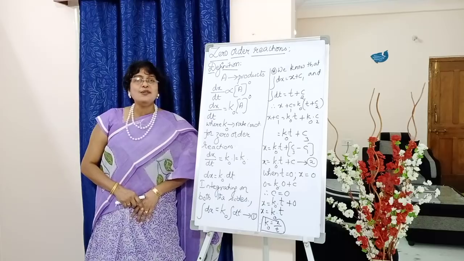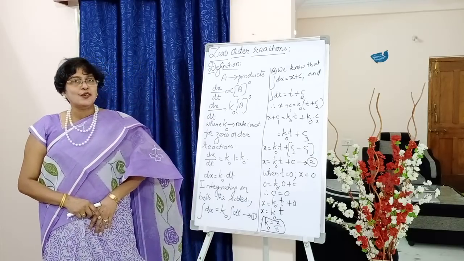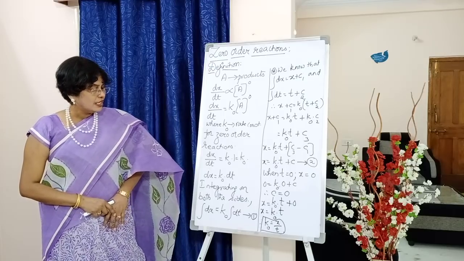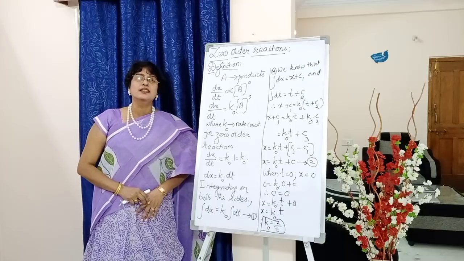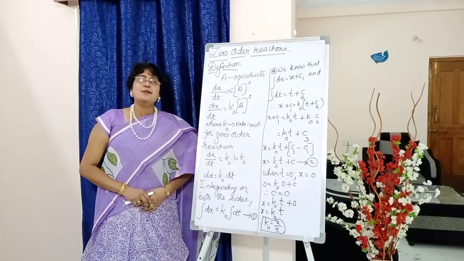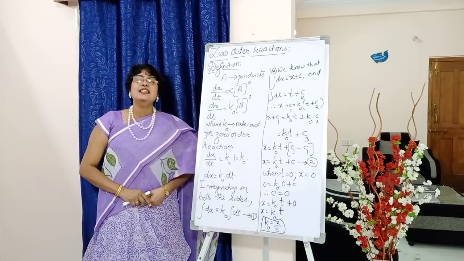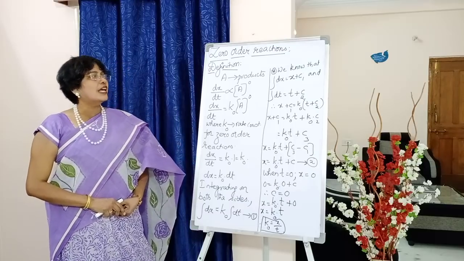Okay. Now here the star mark comes. We know that, write down below, integral dx is equal to x plus constant. Here the constant that we are using is c1.